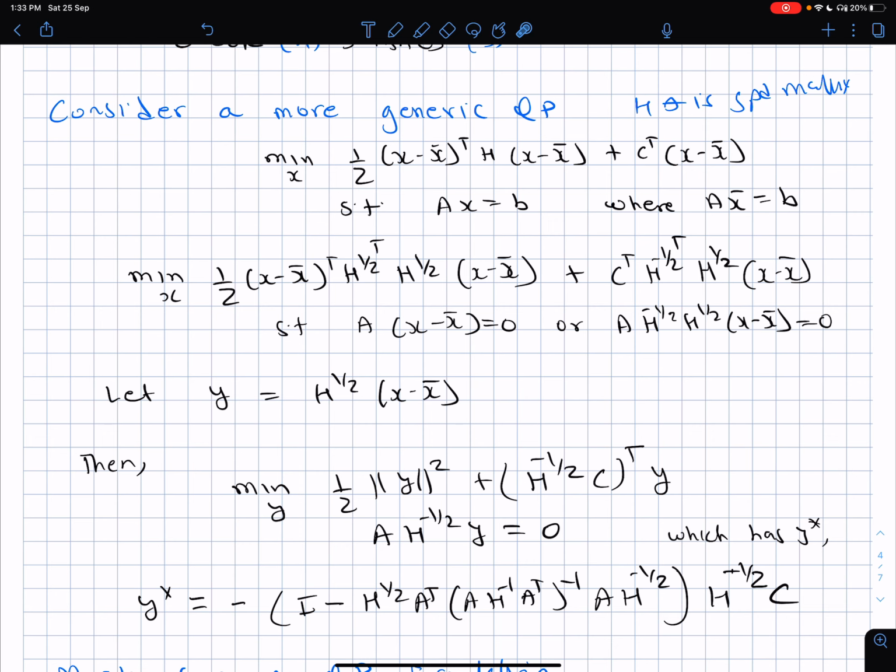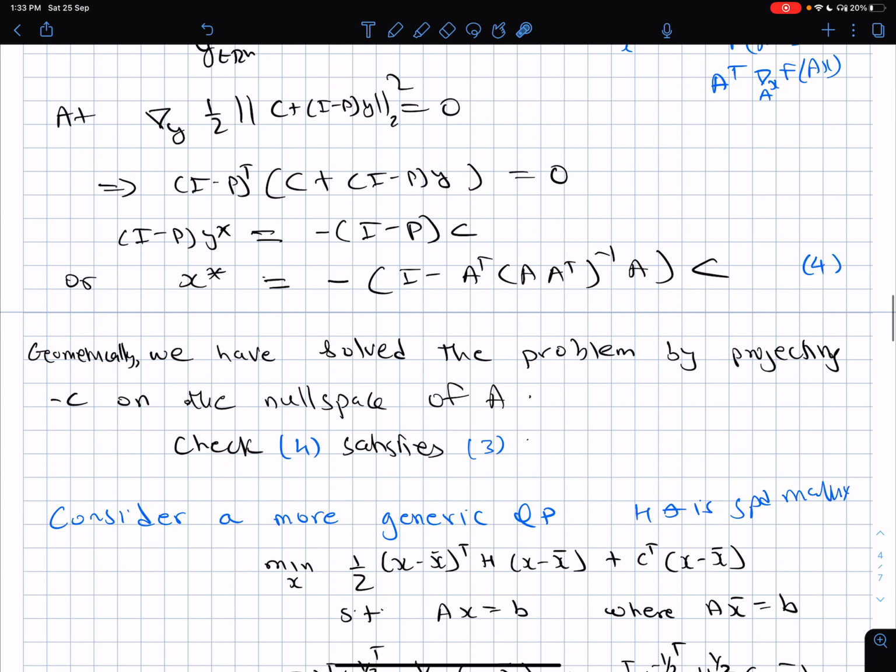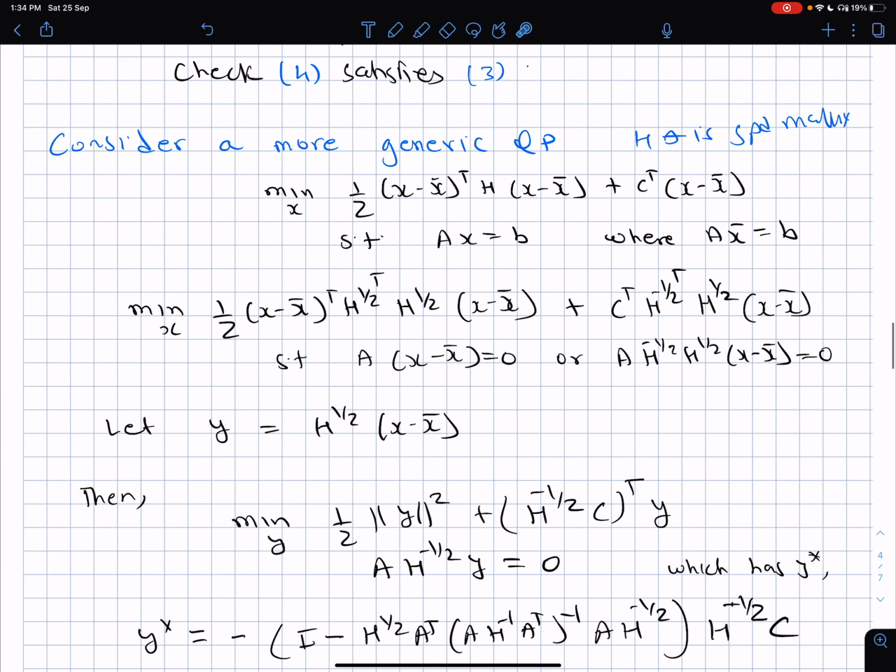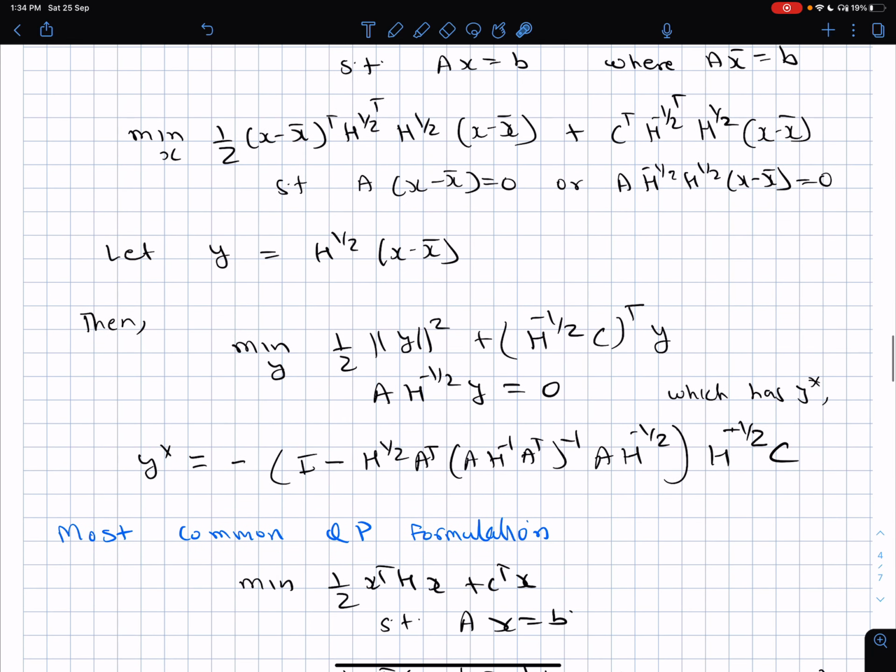And what was the solution given by? The solution was given by this vector. This was the optimal solution. So now just replace A by A into H to the power minus half, c by what we have put in here, and you get y star, the optimal solution to this particular problem.